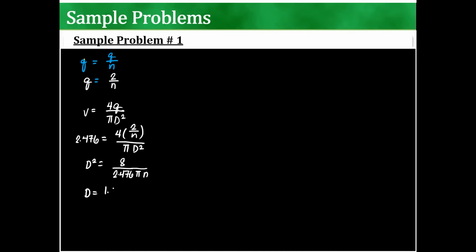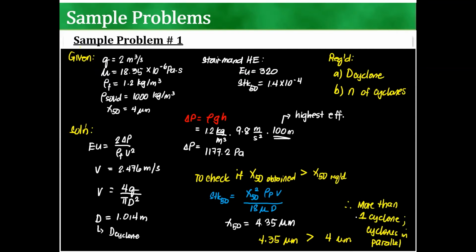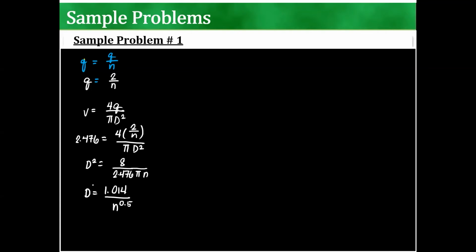That gives us 1.014 divided by n raised to 0.5. Because we are resizing, in order to fit, we need more than one cyclone in parallel. So this should be the diameter that we will be using.